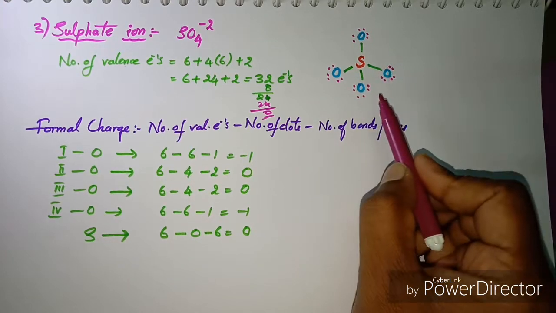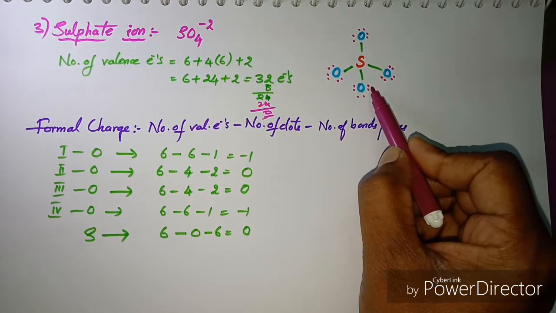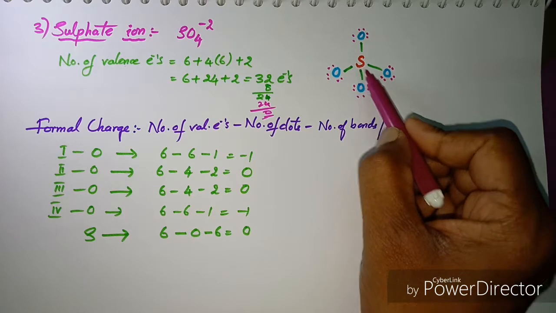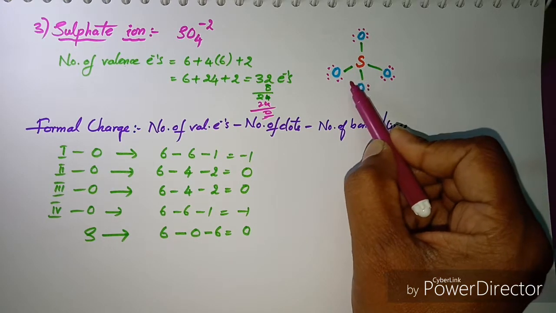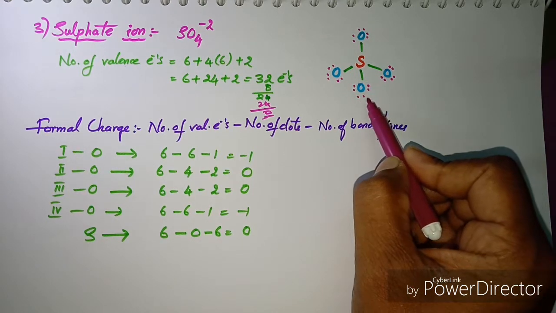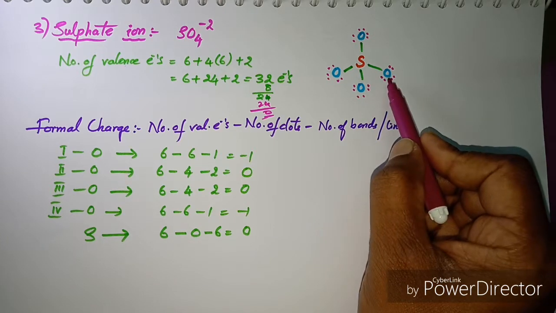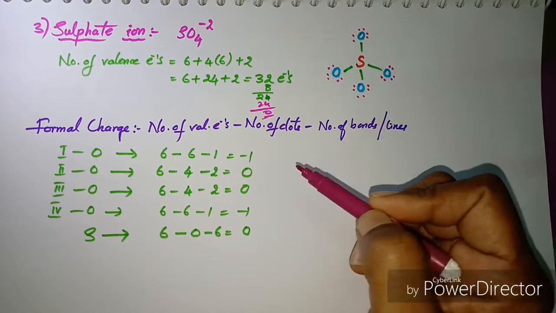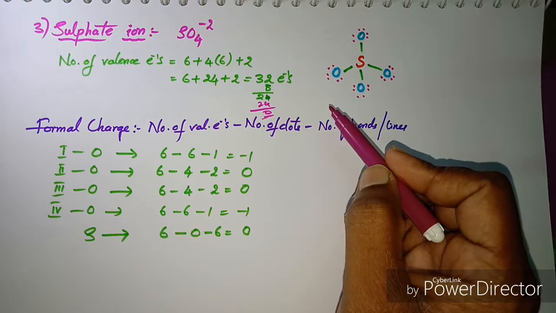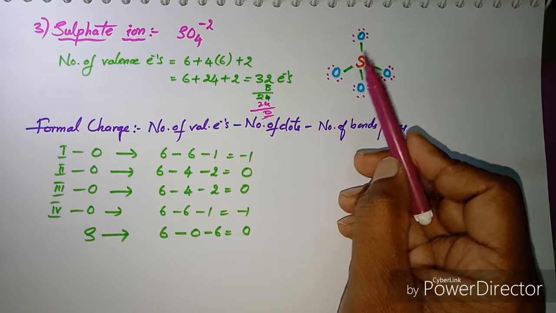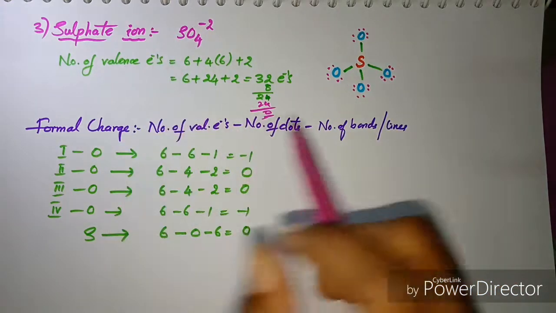But check out, with 6 non-bonding valence electrons and 1 pair of bonding electrons, the charge on the oxygen atom appears to be -1. So on every oxygen atom there will be -1. In such a case it deviates from the charge that the sulfate ion has.